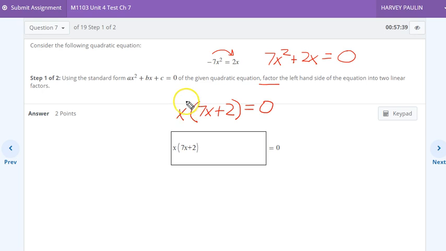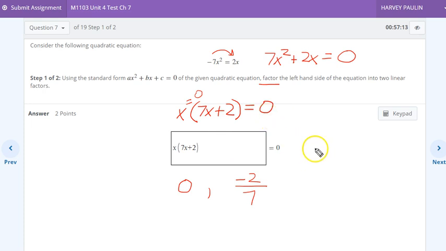So we do so by equating each of the factors to 0. So now one of the answers here will be 0. And then when we take our positive 2, transpose it, it becomes a negative 2. And then we divide by the 7. Our other answer is this.